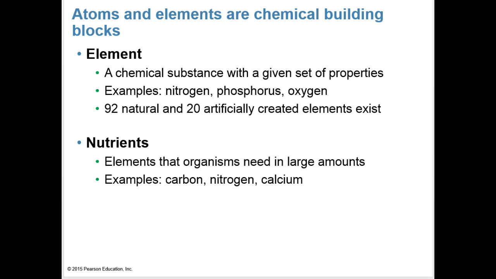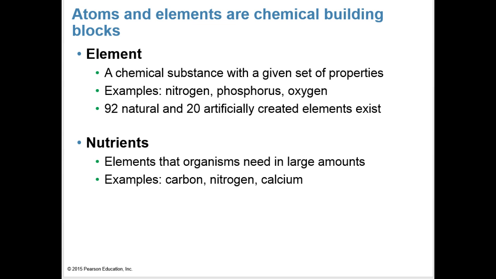Kind of the basics of chemistry are atoms and elements. They're the building blocks. An element is a chemical substance with a given set of properties. If you remember studying the periodic table in chemistry, the periodic table contains the elements that we know of on Earth.